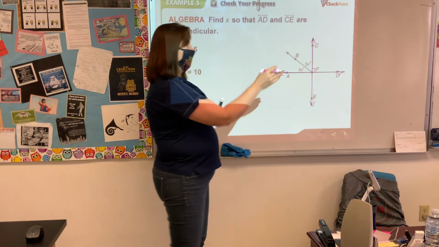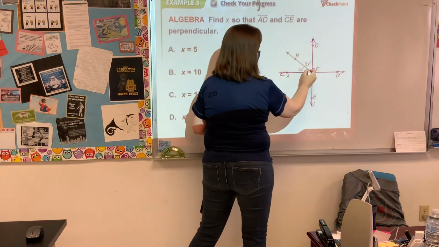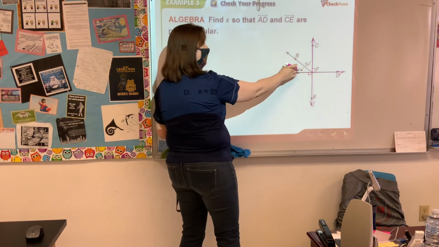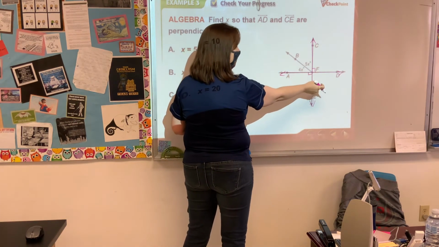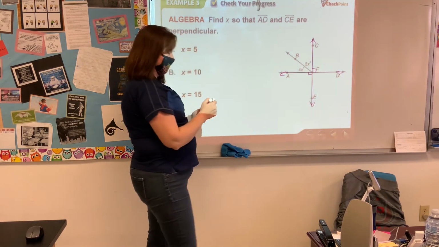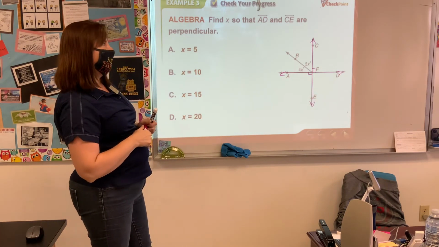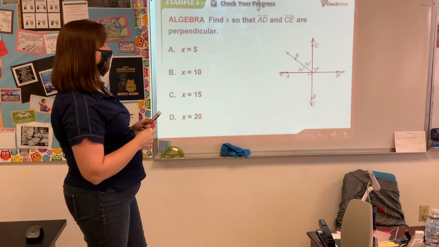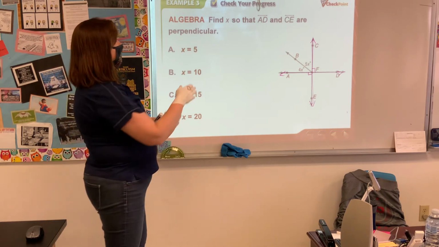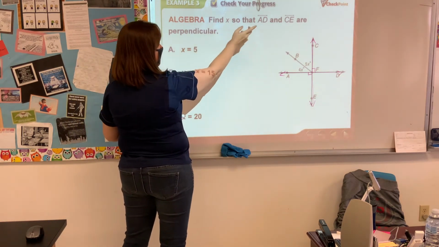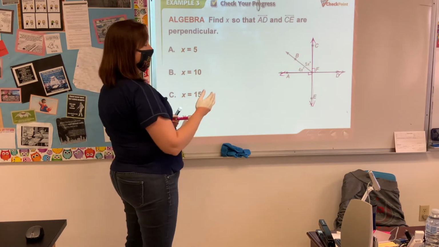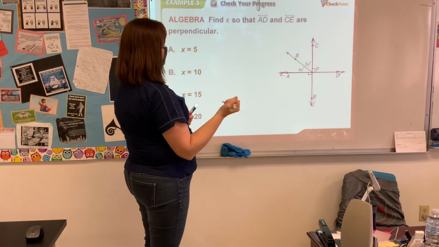And we have two lines, so all four are going to be perpendicular, except for the fact that we have this FB cutting AC into parts, or AFC, sorry. So find x so that AD and CE are perpendicular, meaning that these angles have to be 90.